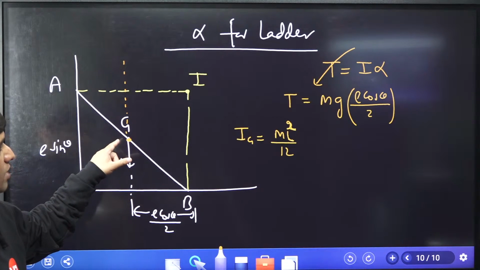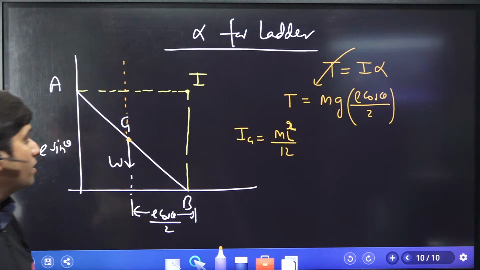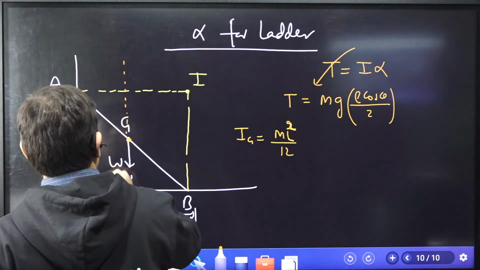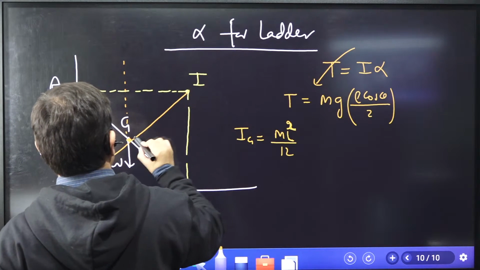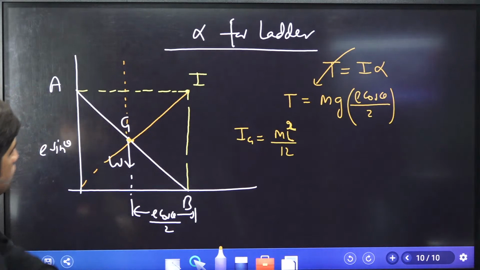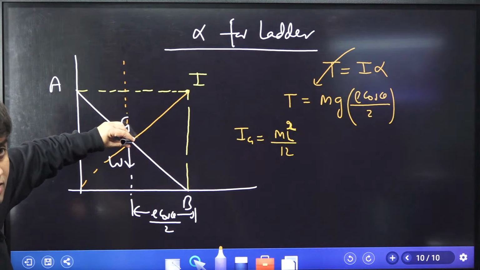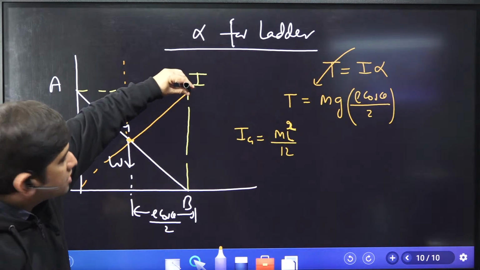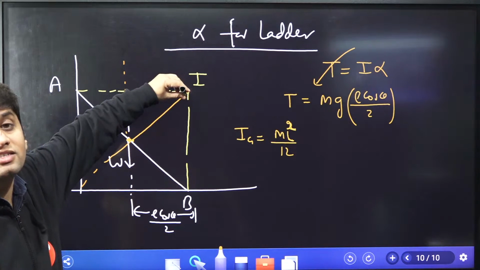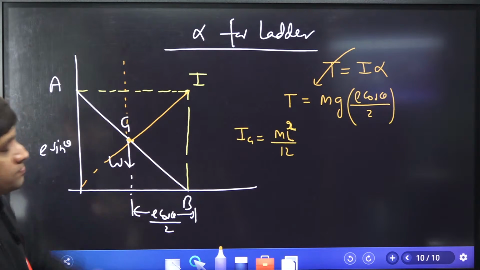Now this ml square by 12 is about the centroid, but I want to know about this point. So which theorem should I use? I know about this axis, I want to know about this axis. I need to use the parallel axis theorem. Do you know this distance?